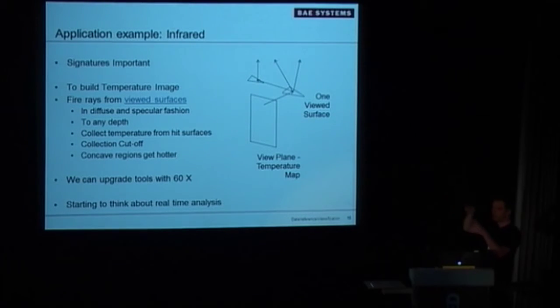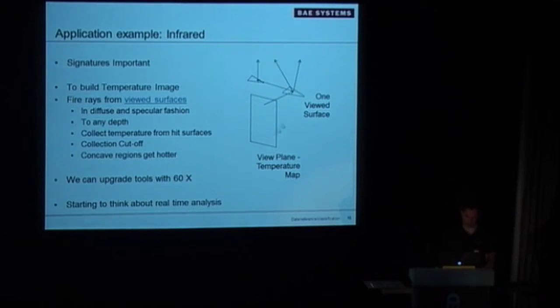They go out and sample other patches. We collect the temperatures back down to the original patch, and then that gets a float value at the image plane. There's a cut-off at which we stop tracing rays through the system, a temperature cut-off. The result of all this is that concave regions will get hotter and appear brighter on the screen.